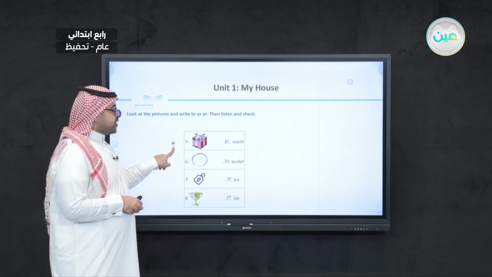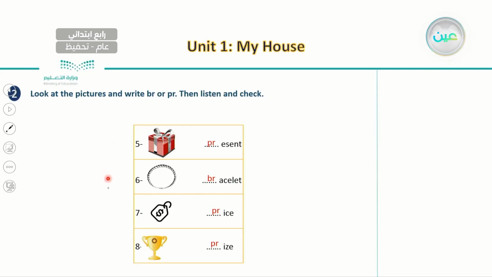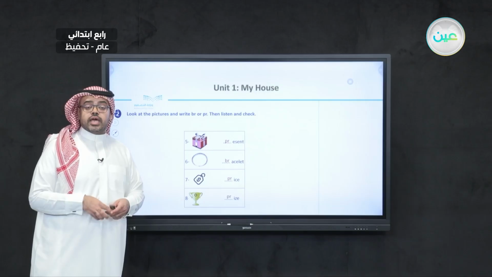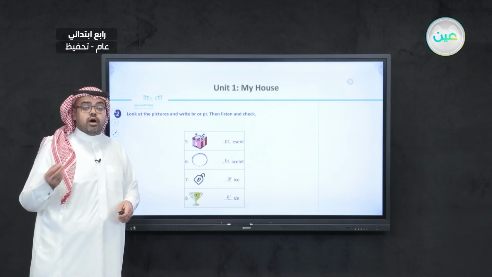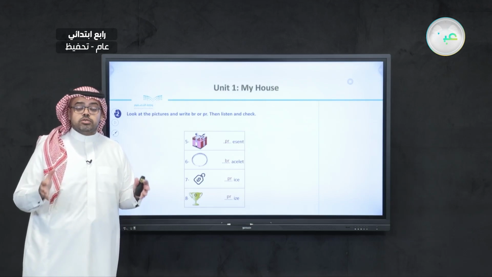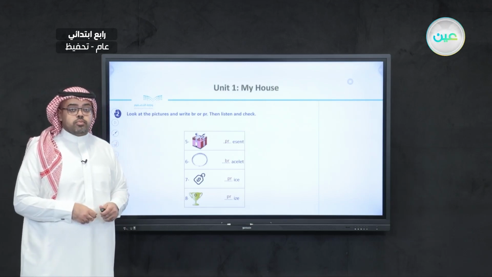Number 5, present. Number 6, bracelet. Number 7, price. And number 8, brise. Very good. This is how we answer this exercise. The more we learn and memorize words with PR and BR, the better we understand the difference between them.